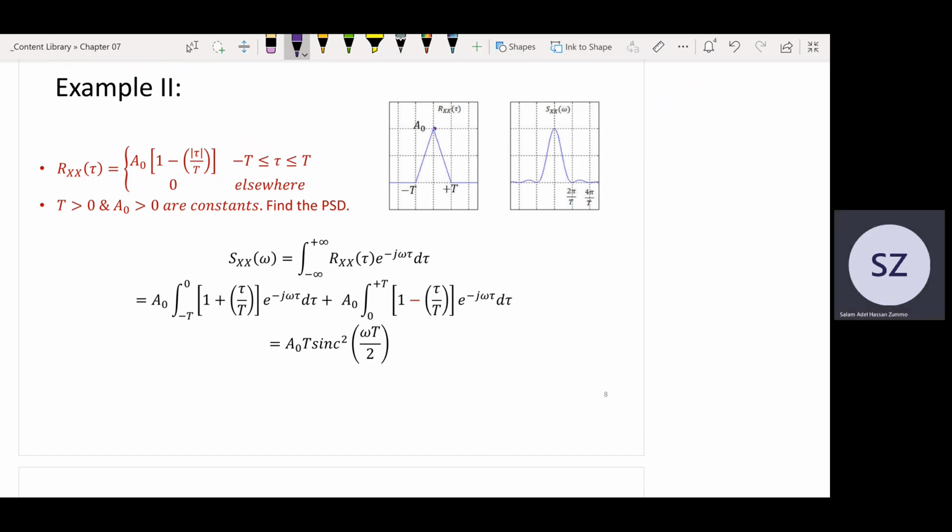So let me repeat it. Assuming that we have a communication system where we send pulses, every pulse takes from 0 to capital T, then T until 2T for the next pulse, 2T until 3T, and so on.